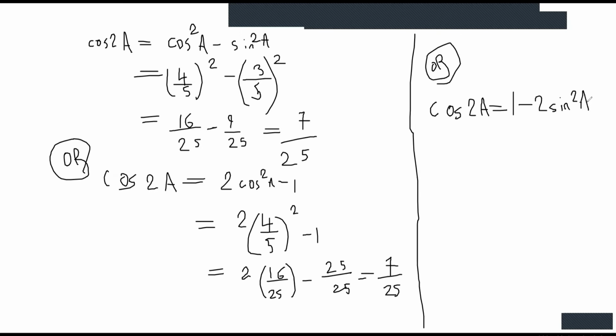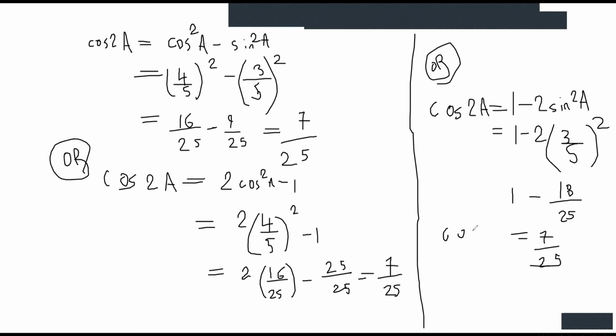So cos 2A is also 1 minus 2 sine squared A. That would be 1 minus 2 times sine squared A. Sine A was 3 over 5, so it's 1 minus 2 times 3 over 5 squared. 3 squared is 9, 9 times 2 is 18, that would become 18 over 5 squared, which is 25. So it would be 1 minus 18 over 25, which is 7 over 25. Anyway, you get it, that is cos 2A, 7 over 25.